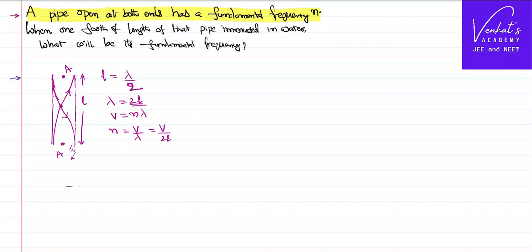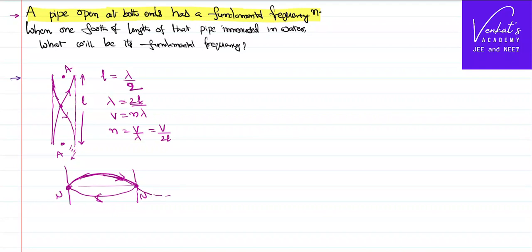As I told you earlier, in a stretched string, just to show you how it is lambda by 2: in a stretched string, the wave happens this way and then it comes back. This is called a segment. This is a node and this is a node. But if you notice carefully, this is only the crest of that wave.